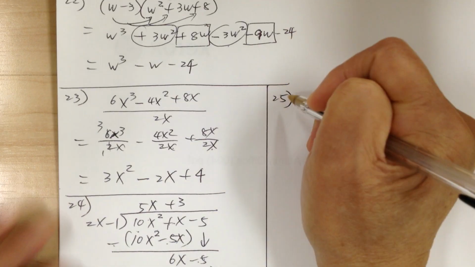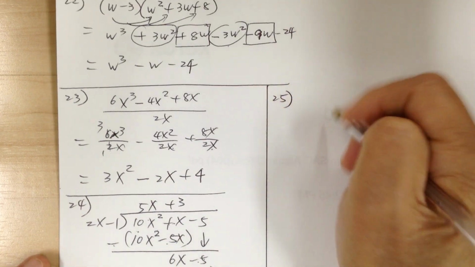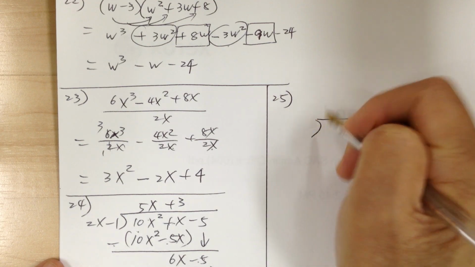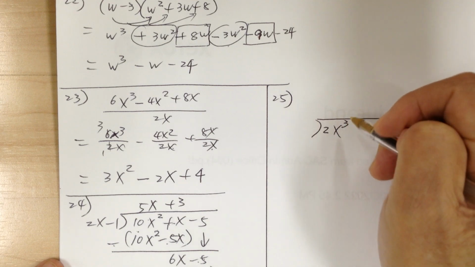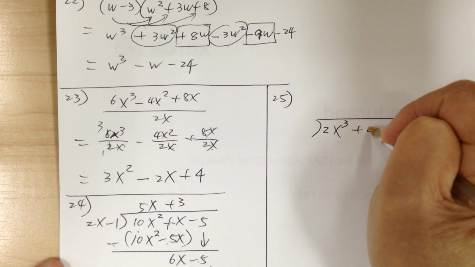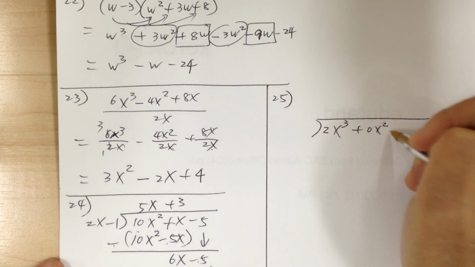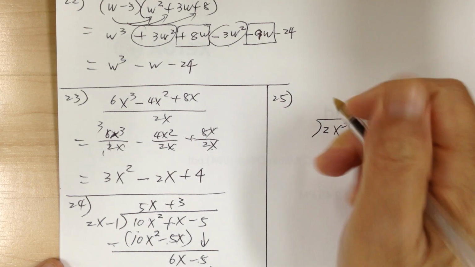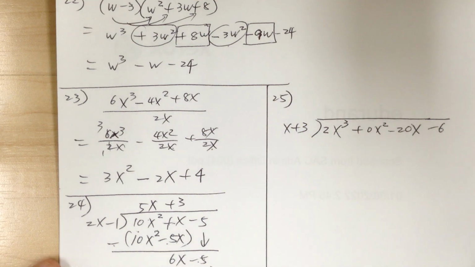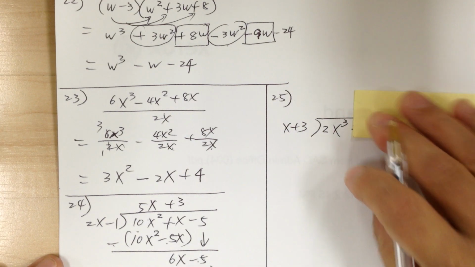Okay, 25. So again, first you have to make sure you put everything in order. So you got 2x to the 3, and there's no square term, so you have to put plus 0x squared, then minus 20x, then minus 6. And over here you got x plus 3. Okay, so you focus on the first term.